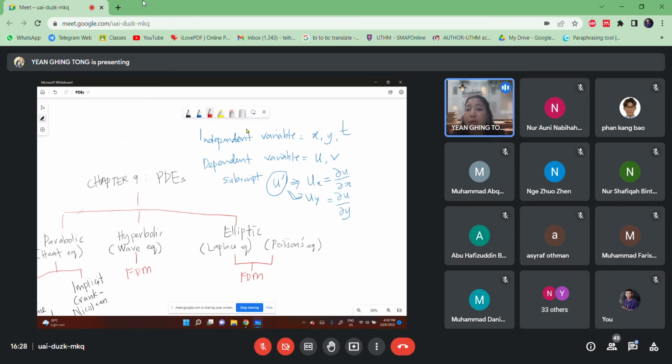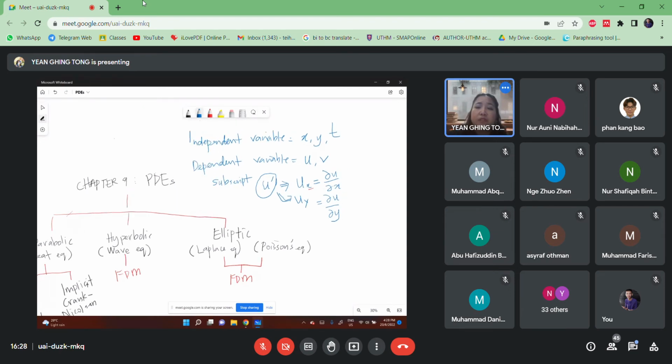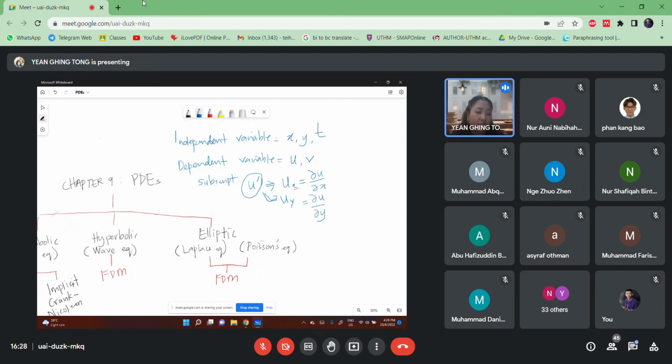It can be with respect to x, it can be with respect to y. Likewise we rarely use u double prime. If it's the second order derivative, it can be u x x, or u y y, or u x y.